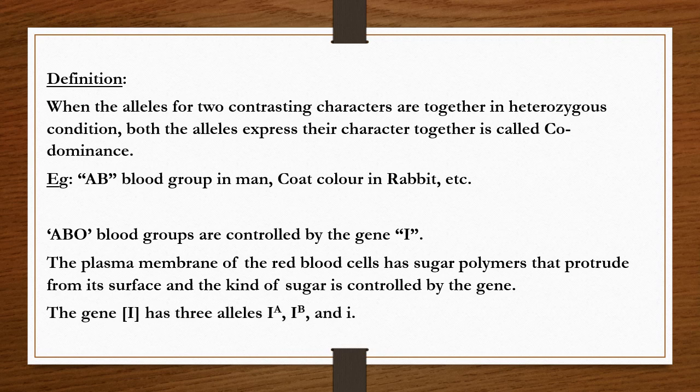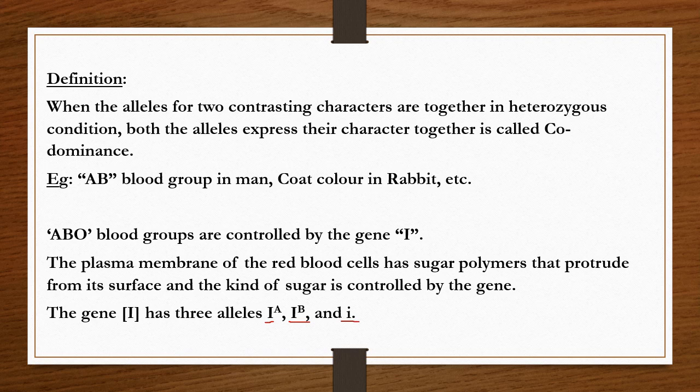The gene I has three alleles. Three types of alleles are present in this gene I, that is IA, IB and small i.